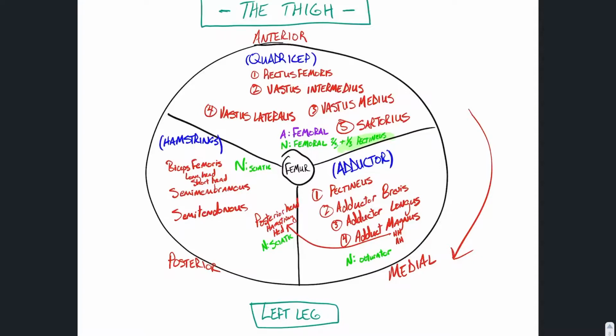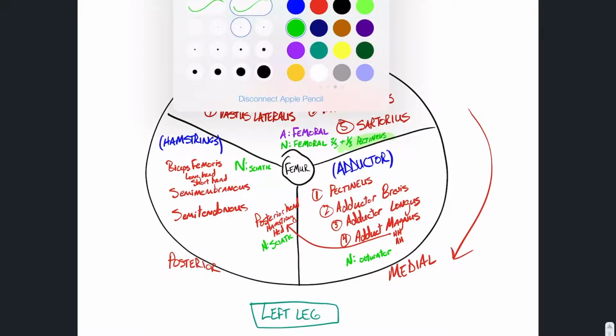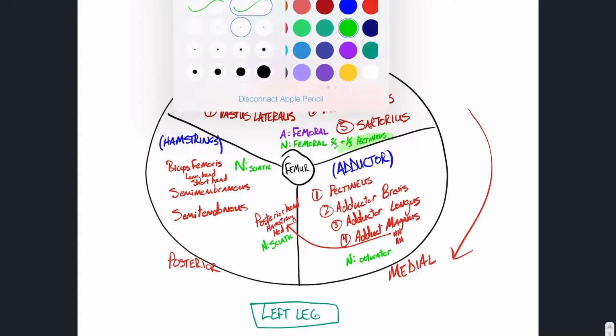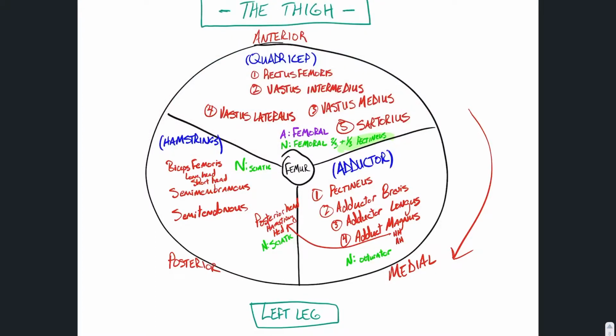just thinking of, the first letter in each is P, B, L, M. I'm going to write that down because maybe something will come to me. So I'm going to go with a nice aqua, and we're going to say P. That's not even close to a P. P, B, L, M. And the reason I'm doing that is one is the pectineus, so that's the innermost.